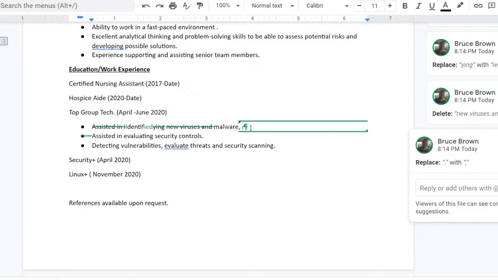I don't know all that information, so I'm just going to have to guess what the impact might have been, and then I'll explain to her why I'm putting this information in there. So I'm going to say identified malware on 15 systems, 15 critical systems.